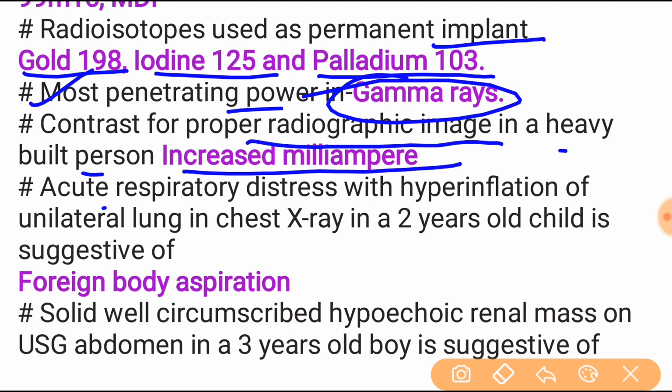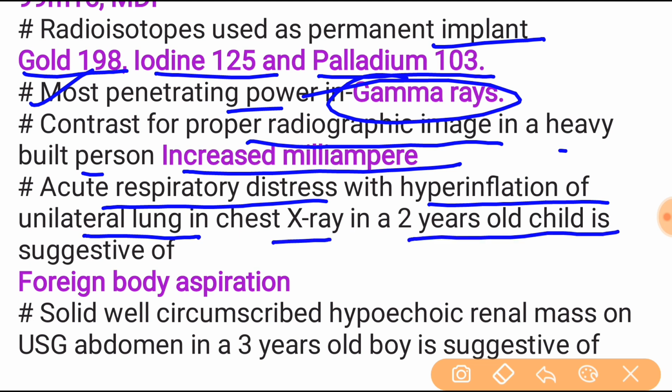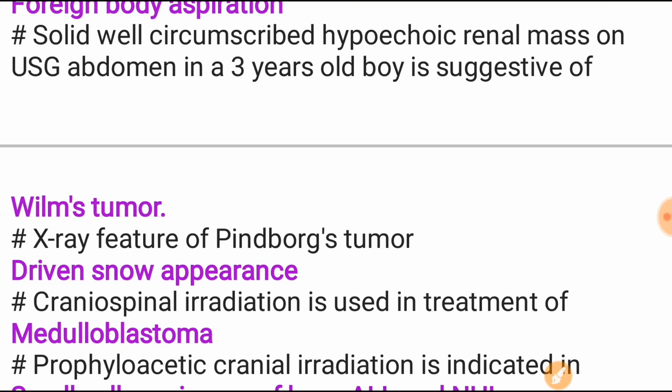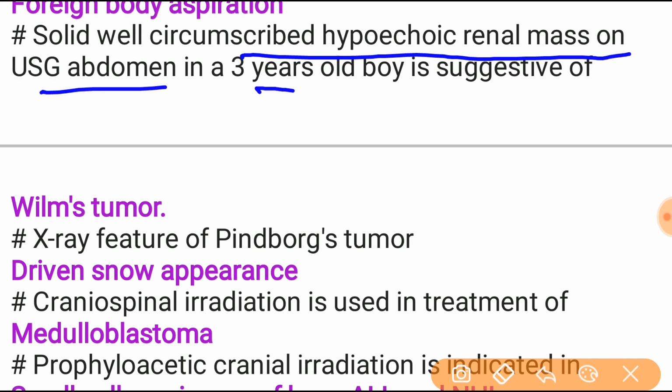Acute respiratory distress with hyperinflation of the unilateral lung on chest X-ray in a 2-year-old child is suggestive of foreign body aspiration. Here a solid well circumscribed hypoechoic renal mass on USG abdomen in a 3-year-old boy is suggestive of Wilms tumor.